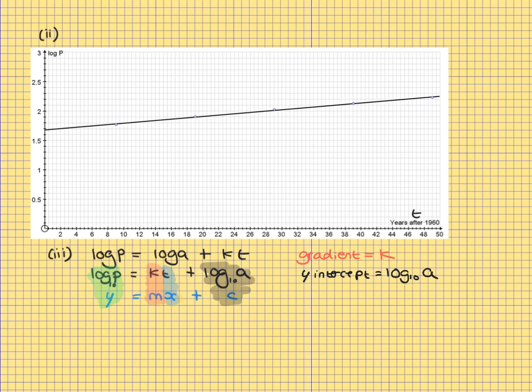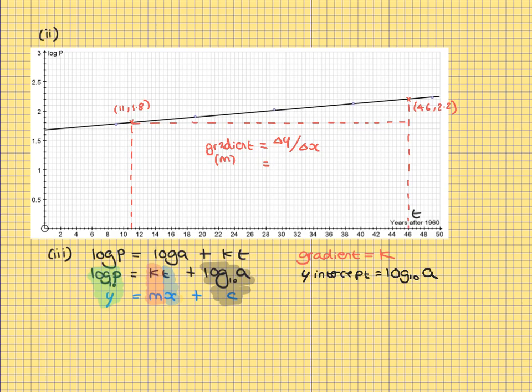So our first job is to find the gradient. We're going to choose 2 points which cross over in neat places where we can read the coordinates easily, and we're not going to use any of the actual data points to do this. We're going to use other points on the line of best fit because this will reduce the error. As you can see, I've drawn my right angle triangle here. My gradient, or m, is equal to change in y over change in x.